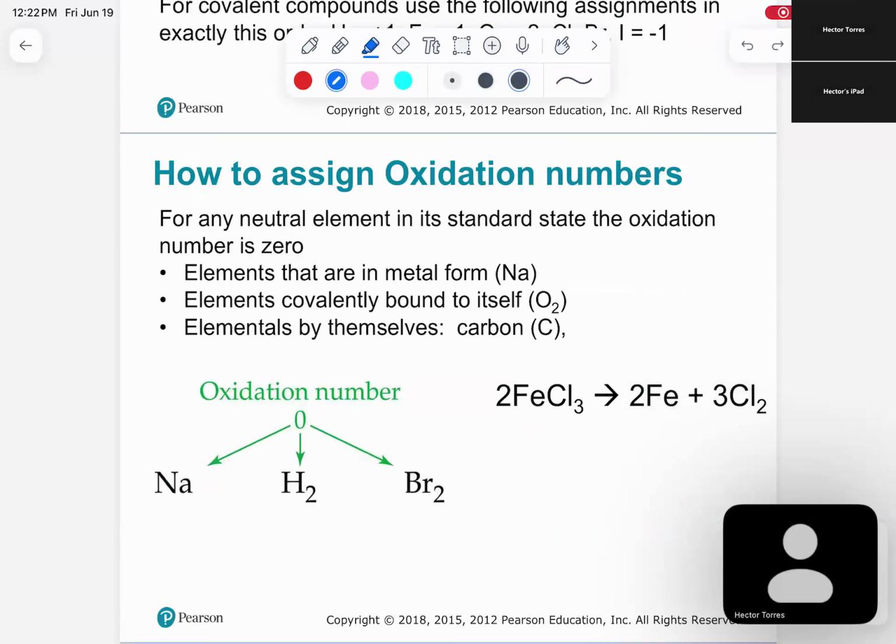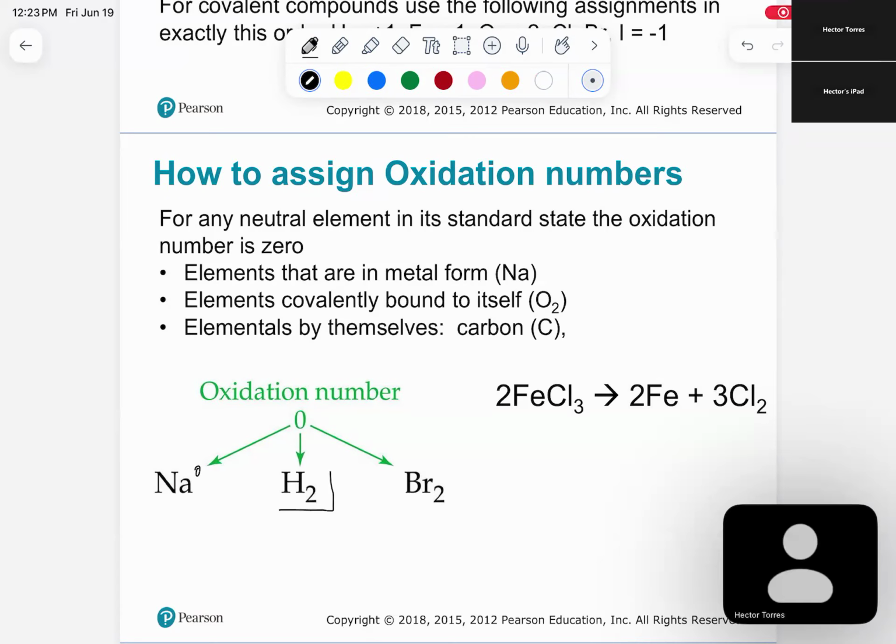The first one is that for any neutral element in its standard state, the oxidation number is 0. When we see something in an equation, sometimes it'll be just by itself, like Na. That means that it's in standard state, so it's going to have an oxidation number of 0.